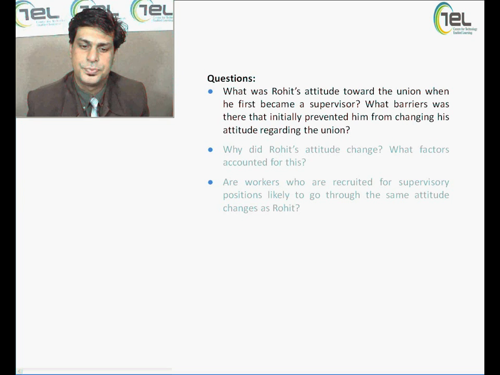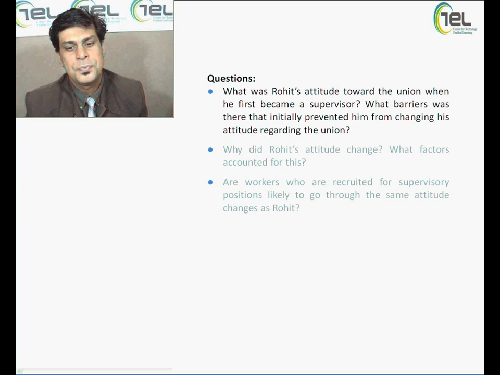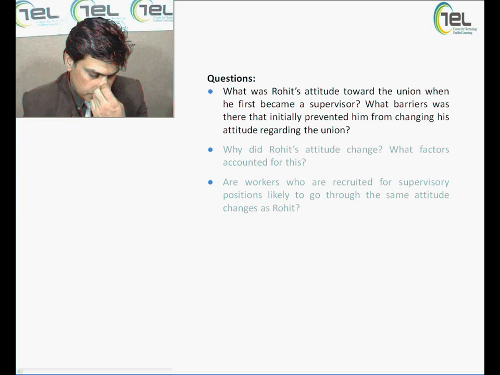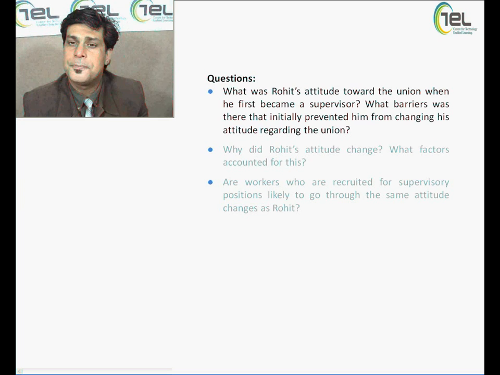The first question, what was Rohit's attitude towards the union when he became a supervisor? What do we see here? We see a dedicated man whose attitude is that he wants to represent, support, and fight out the cases raised by the unions. He thinks the union's approach of going on strike or protesting is their right.